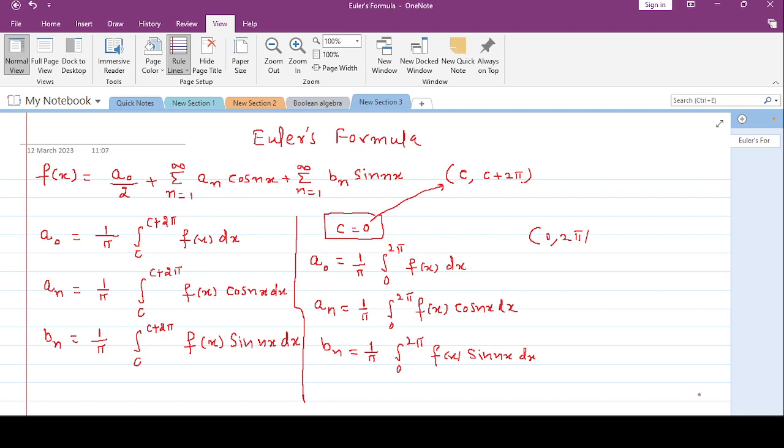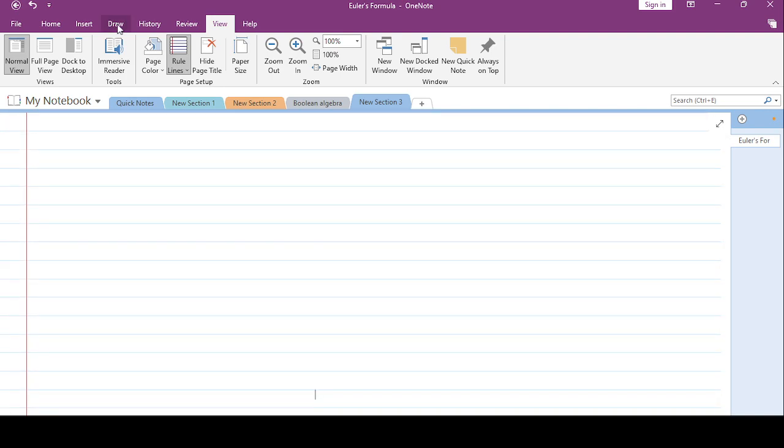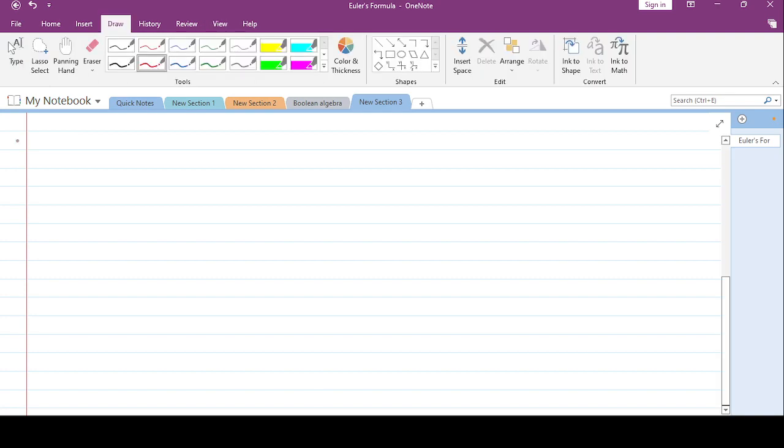Now next we talk about the second case. Case 2, when c is equal to minus pi.